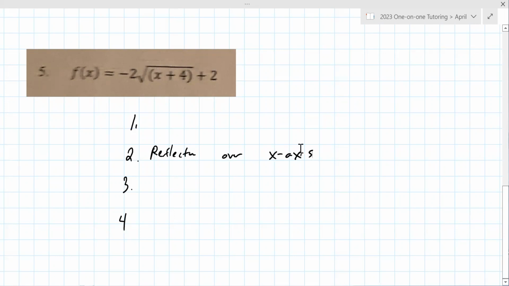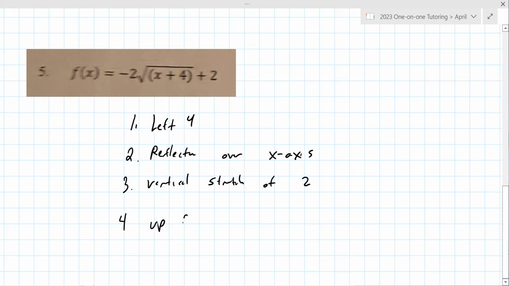Yeah, that's what I was trying to say. And I see a vertical stretch of 2. I also see moving to the left by 4 units and moving up by 2 units.